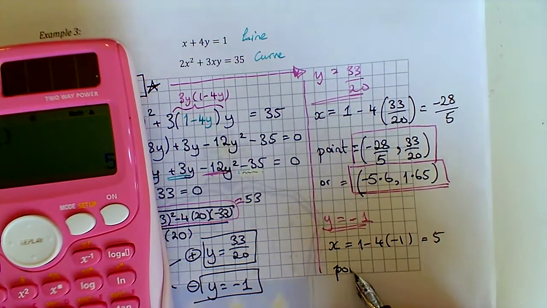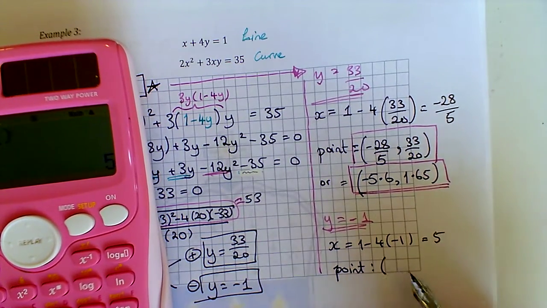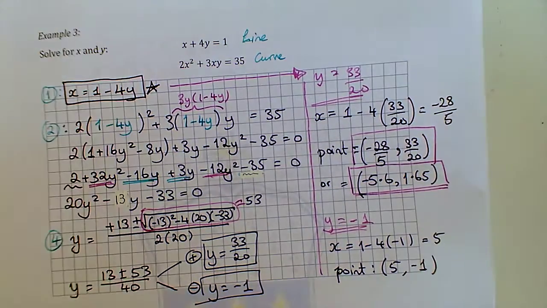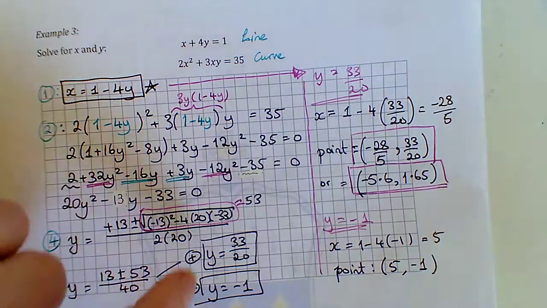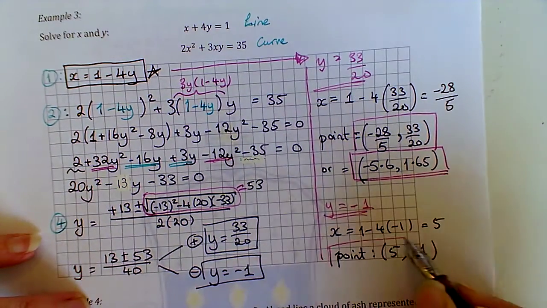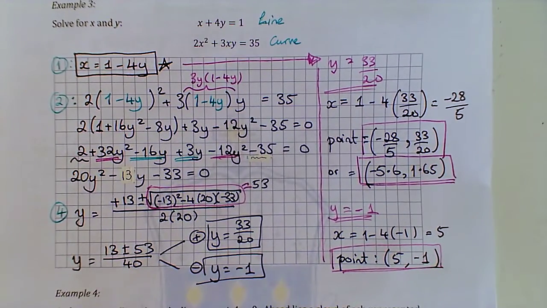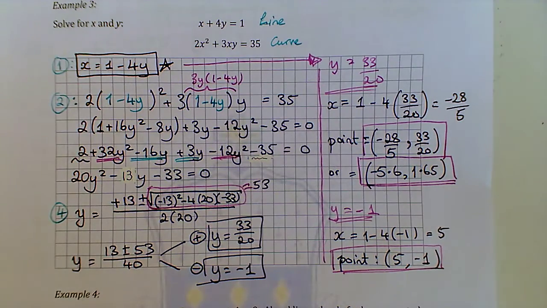So that point, the second point of intersection, is the point 5, minus 1. And do make sure to write your x value first, even though the y value is the first one we found, and your y value second. Okay, so you can see the procedure is the same, even if we've got fractions to work with.